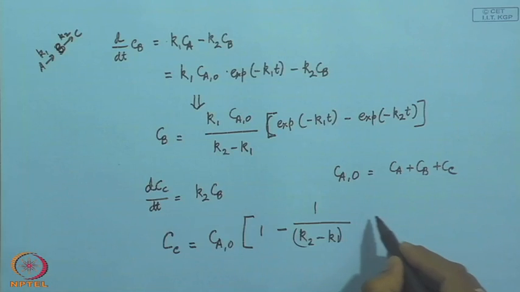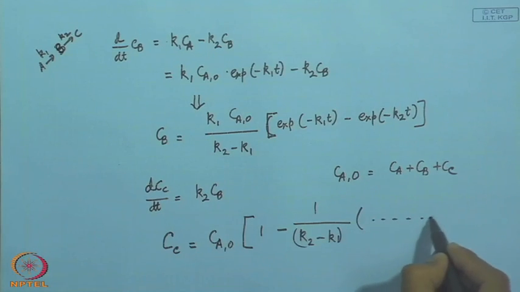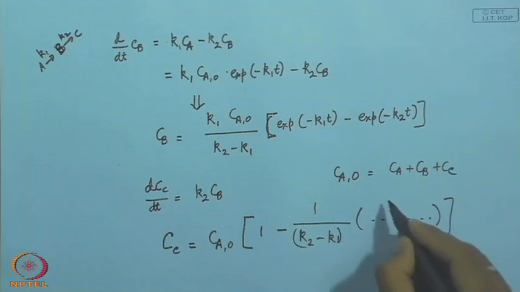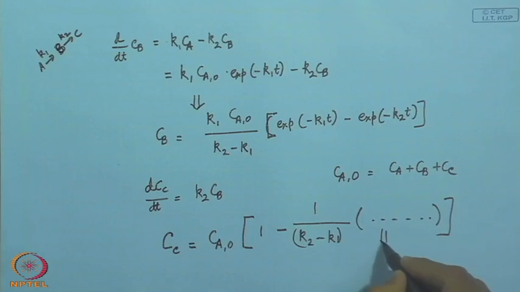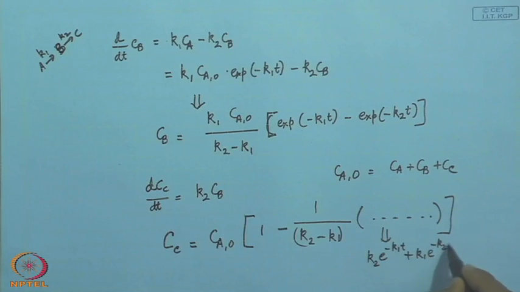There will be two exponential quantities: K2 exponential minus K1 t plus K1 exponential minus K2 t. Okay.